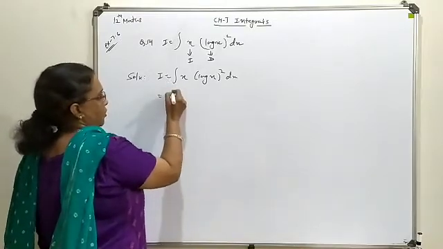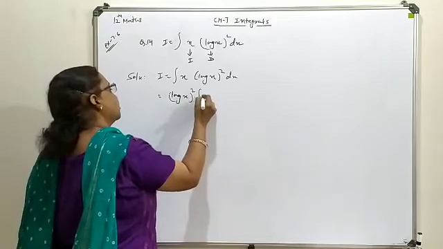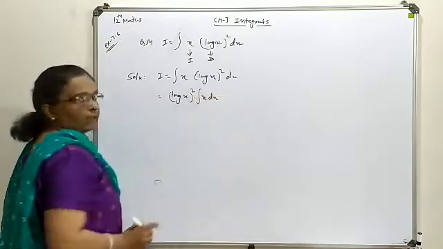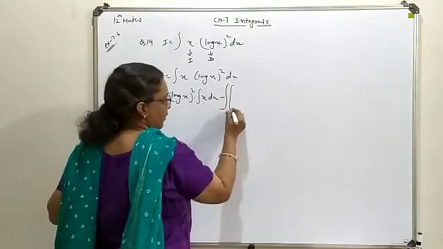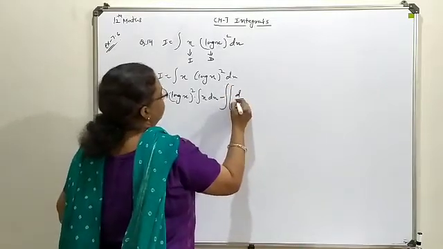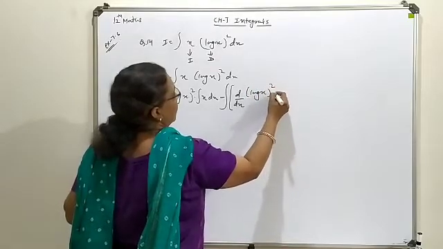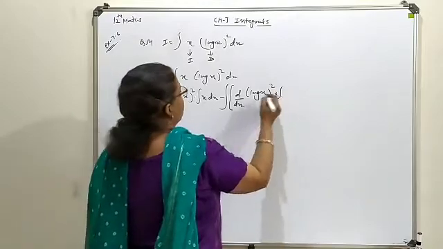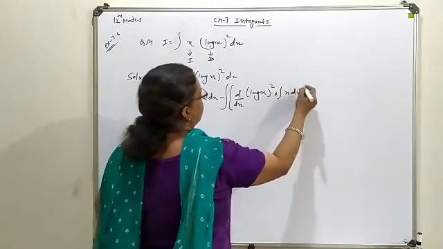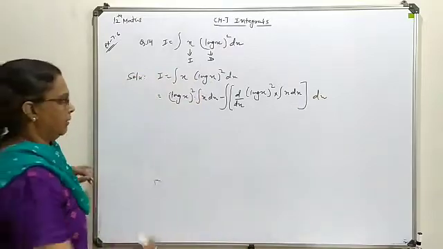this is for integration. So keeping this log x whole square as such as the first function, and integration of x, minus the integrating sign, differentiation of log of x whole square into integration of x and dx, with respect to this outer dx we will write.